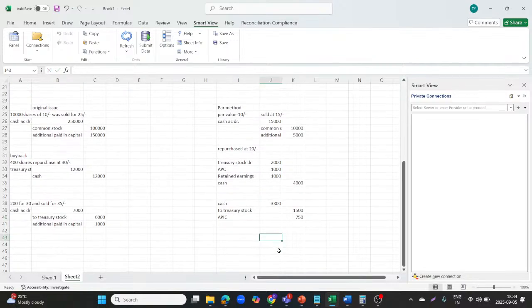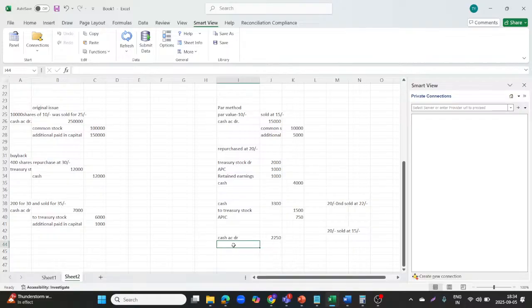Now suppose 150 shares repurchased for 20 were sold at a loss, that is at 15. Now the reversal is the case: repurchased for 20, sold at 15. Reissue shares, so of course cash account debit, 150 into 15, that is 2250.